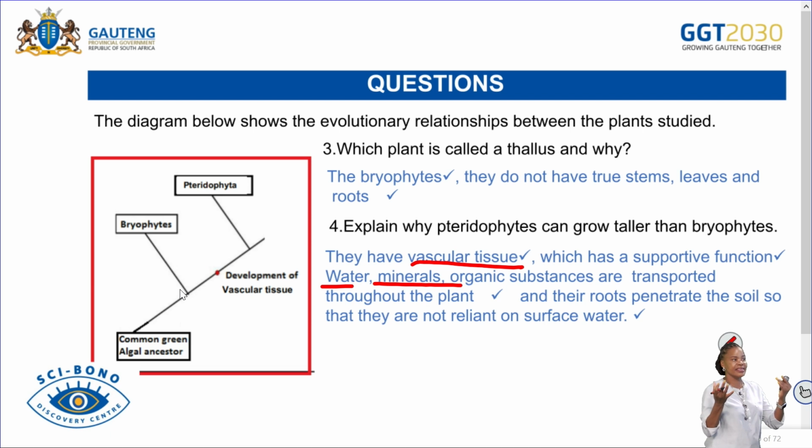So these vascular tissues are giving the supportive function. Their roots also penetrate into the soil, so they are not reliant on the surface water. Any of these reasons make the pteridophytes grow taller than the bryophytes.